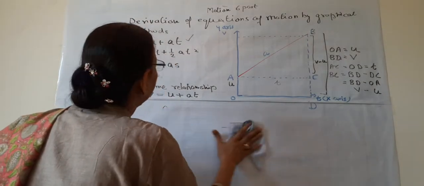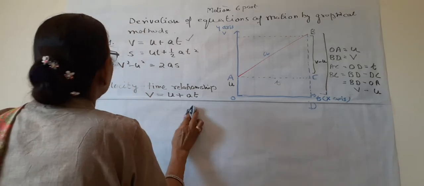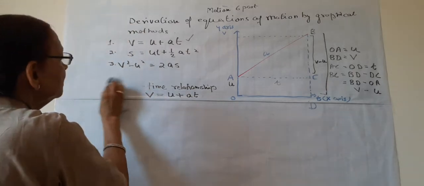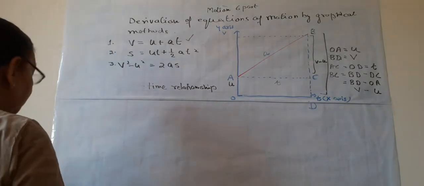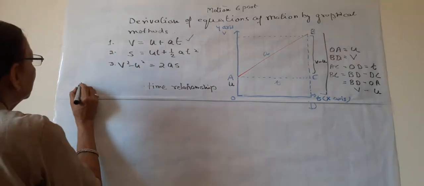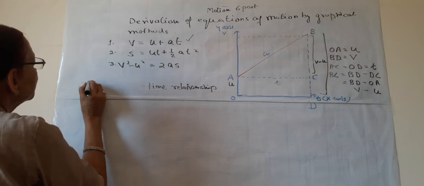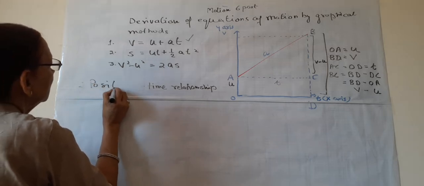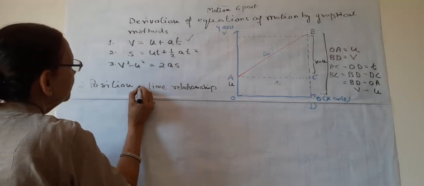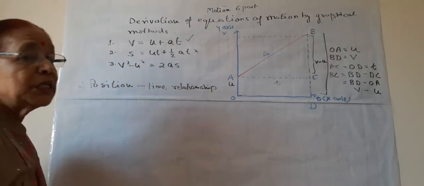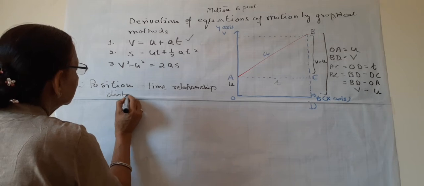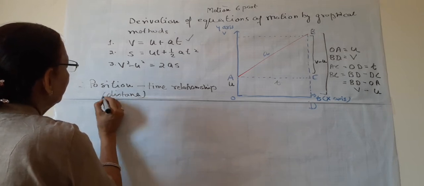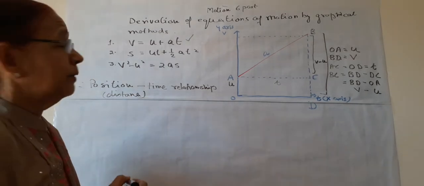Now we will derive the second equation, which shows the relationship between position and time. Position is distance. By distance, we can know the position.